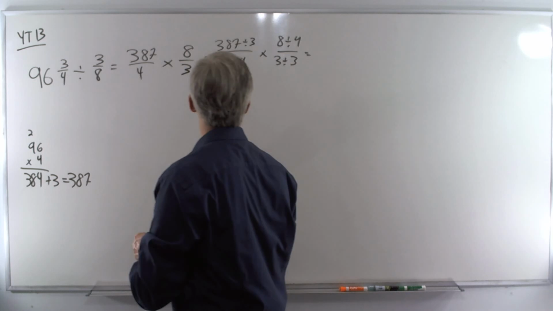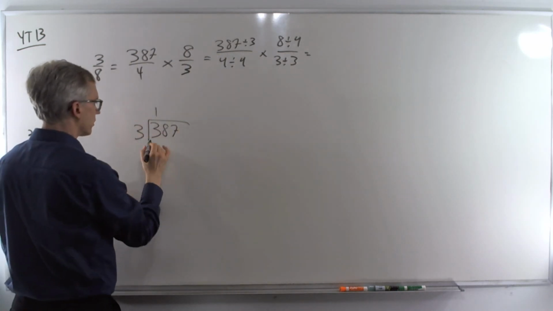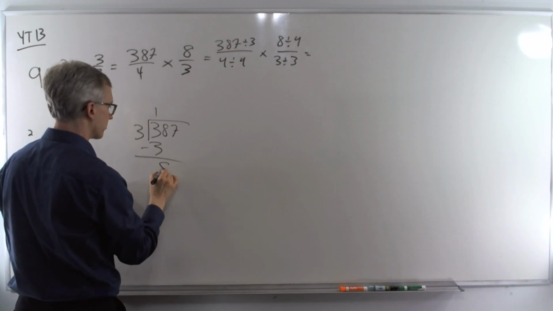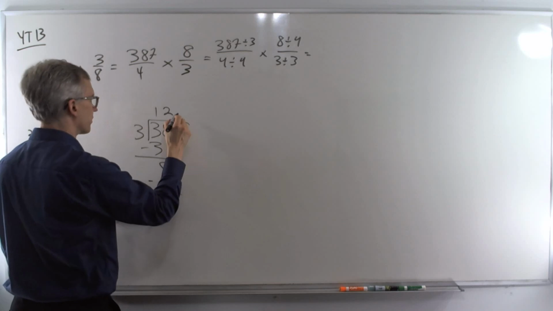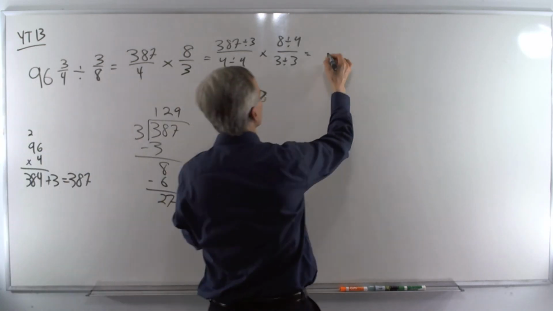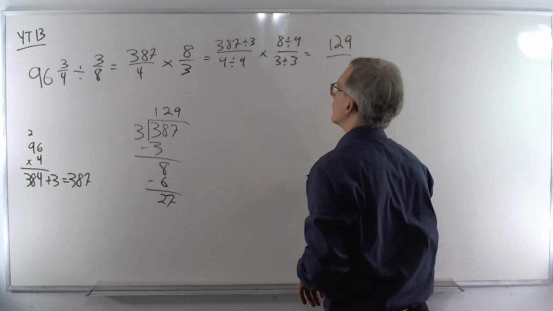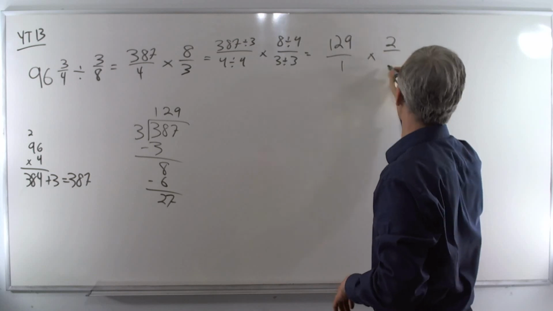Now I'm going to have to do this, 387 divided by 3, 1, subtract, bring down the 8, 2, 6, 27, and 9. So we got 129 there. Over 1, 2 on top here, and 1 on the bottom.